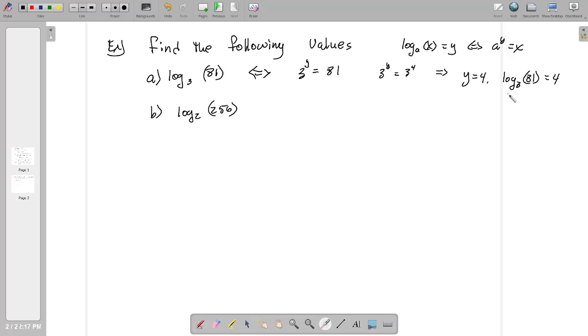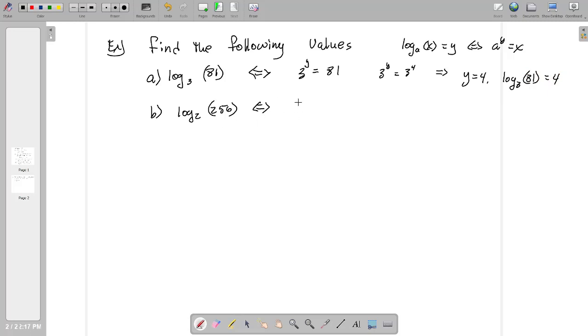Now, remember the statement I made before. This logarithm means 3 to this power gives me this value. 3 to this power gives me this value. Let's try this one. And you should try this one on your own for a second and then come back and see if you got it right.